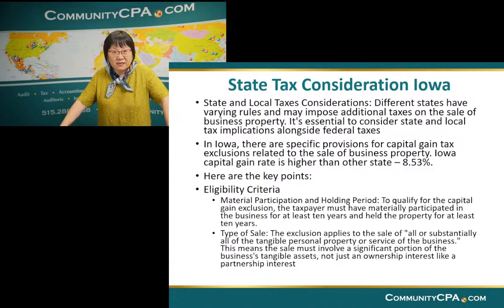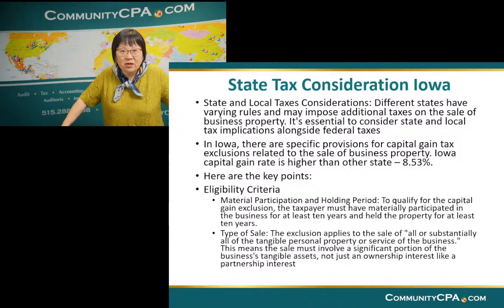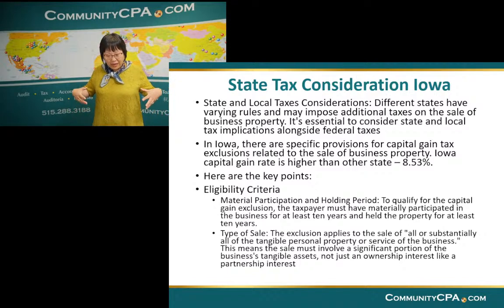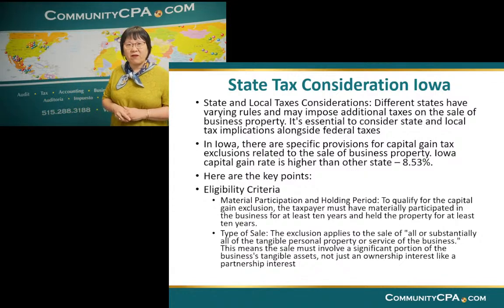So these are the definitions for that. So all or substantially all. If you sell your business out, or you sell substantially all of the service out, this means that the sale must involve a significant proportion of the business's tangible assets, not just the ownership interest, right? So when a majority of your business's tangible assets come along with the sale, it is exempted from capital gain.